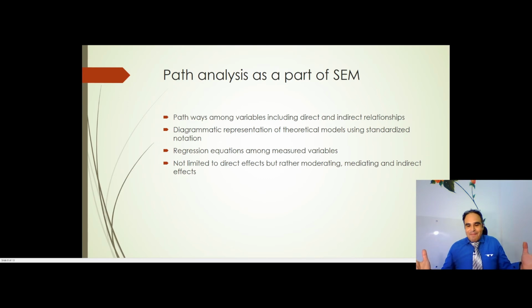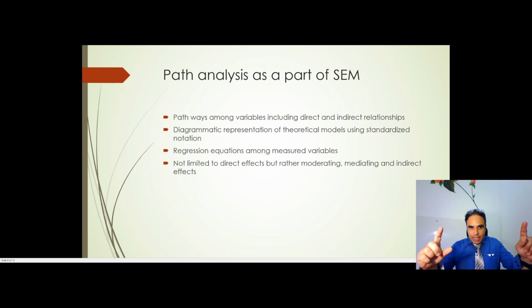Mathematicians here may not love it, but social scientists like relying on diagrammatic representations of relationships rather than complex formulas.